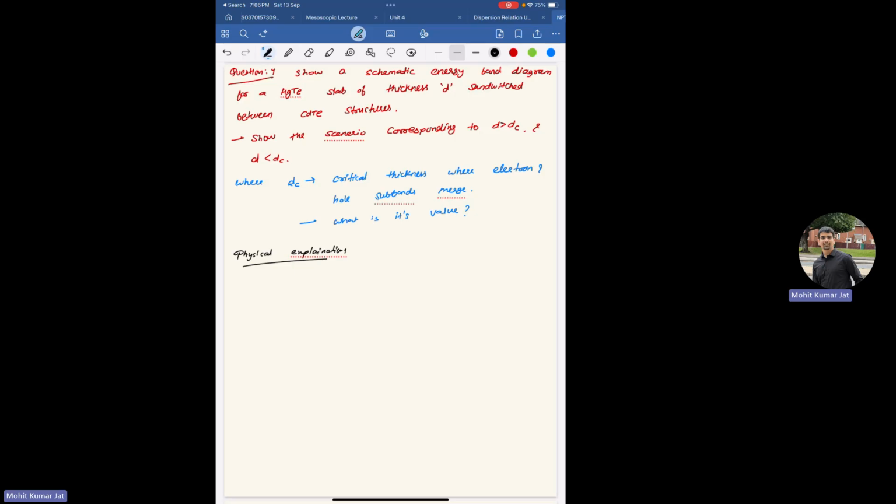For D less than DC, the ordering is normal. What does it mean? E1, which is coming from gamma 6 band, is above H1, which is coming from gamma 8 band, right?